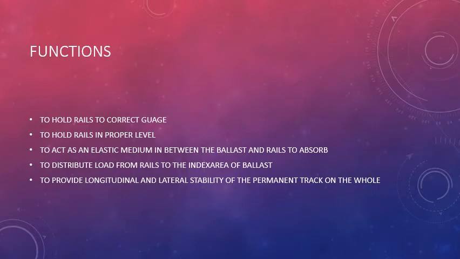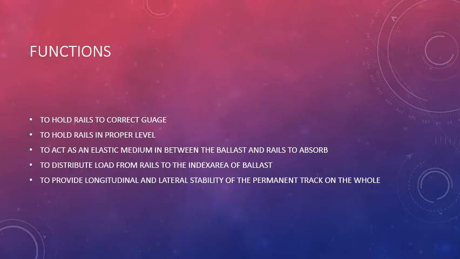So now we can look at what are the functions of these sleepers. These sleepers are used to hold rails to the correct gauge. We will discuss about the gauge in the next module. It helps to hold the rails in proper level. It is used to act as an elastic medium in between ballast and rails to absorb the energy.